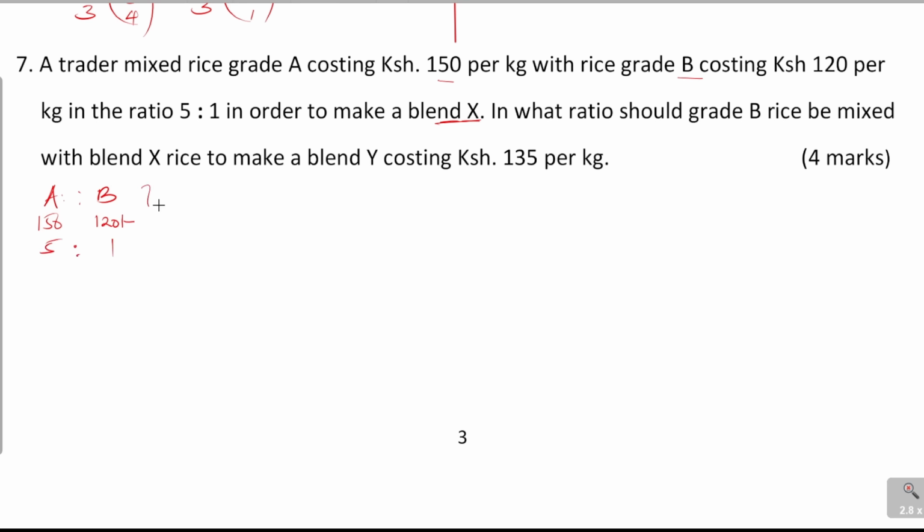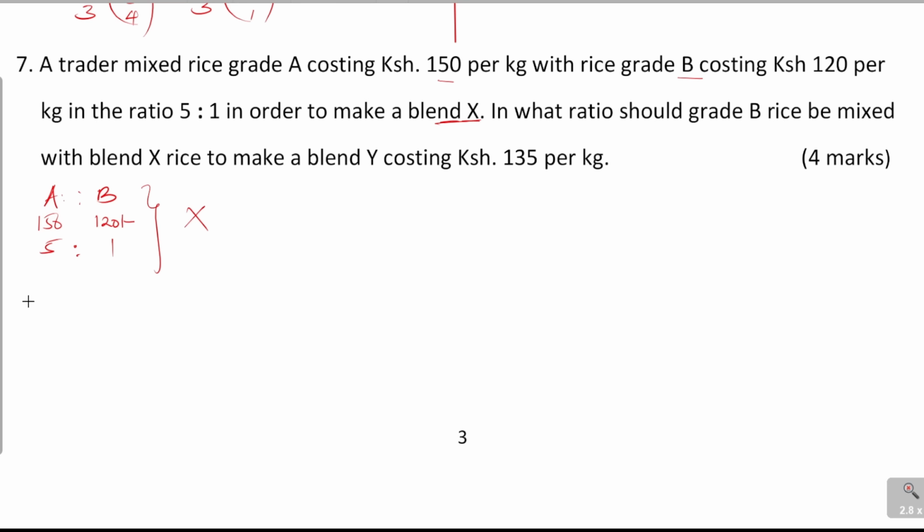So now these produced blend X. So let us get the cost price of 1 kg of blend X, which is made by mixing grade A and grade B. This is how we do it.